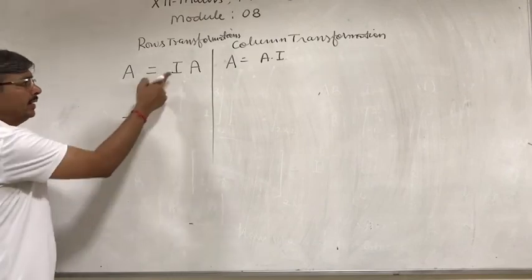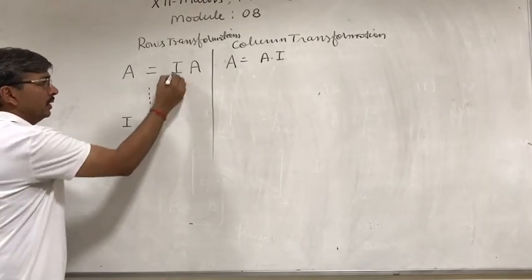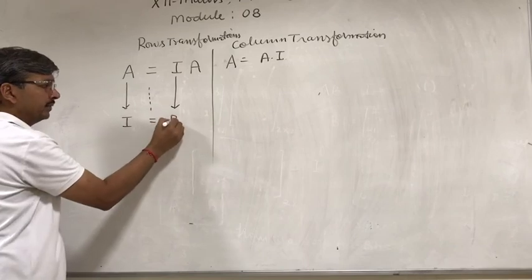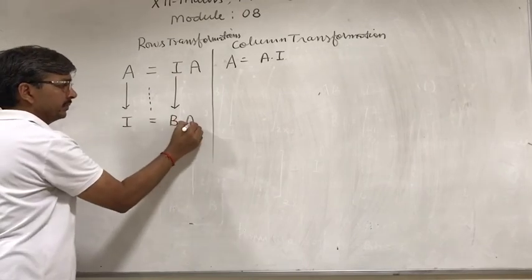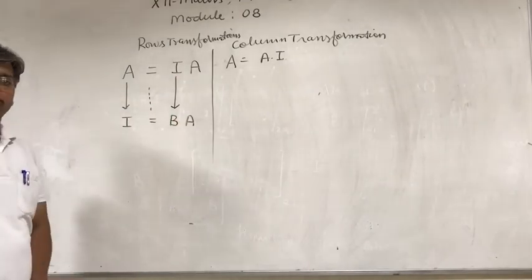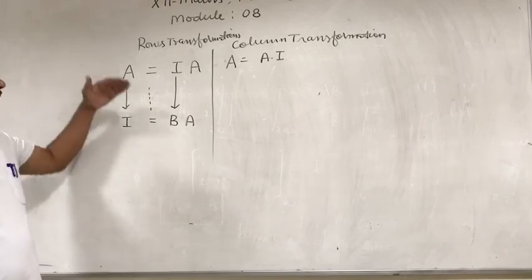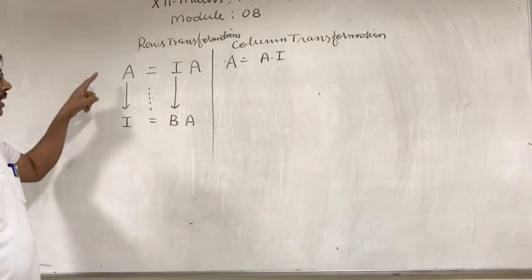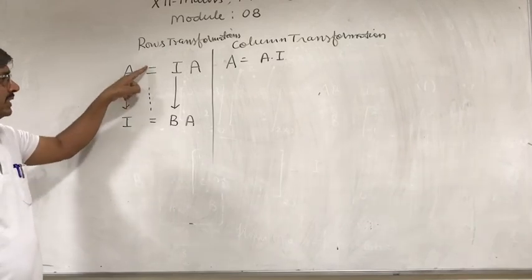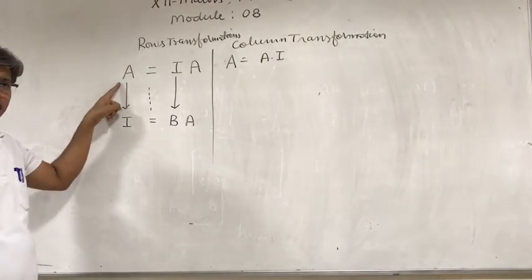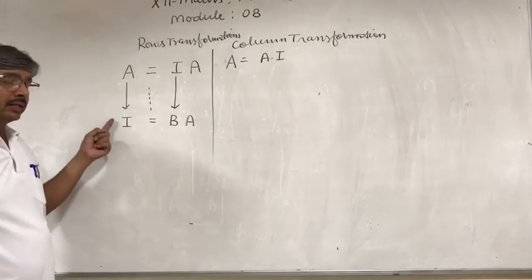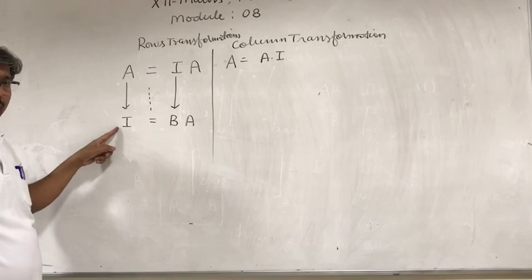Okay, and here this into I and this I into B, A as it is. So we will apply row transformations and we will change the elements of this matrix A in such a way that we will get I here.